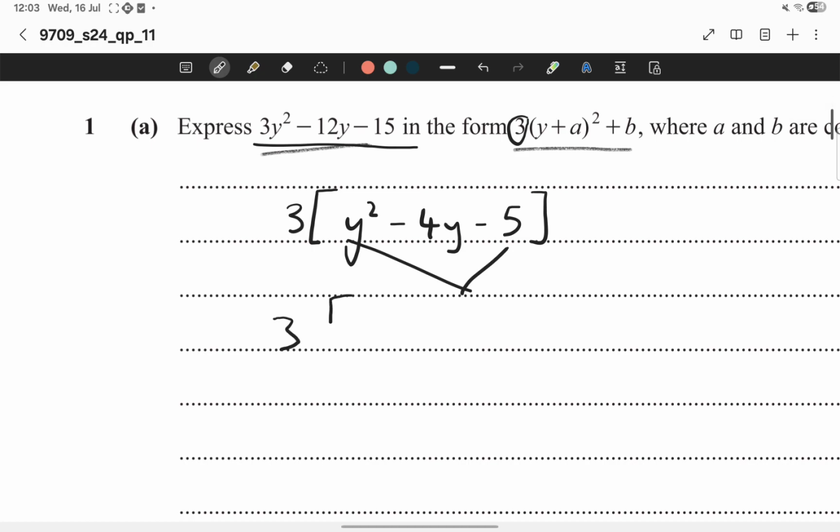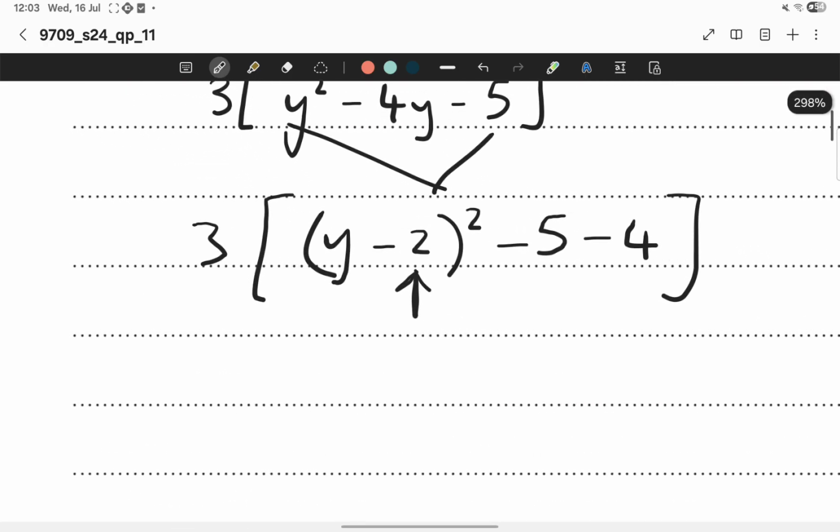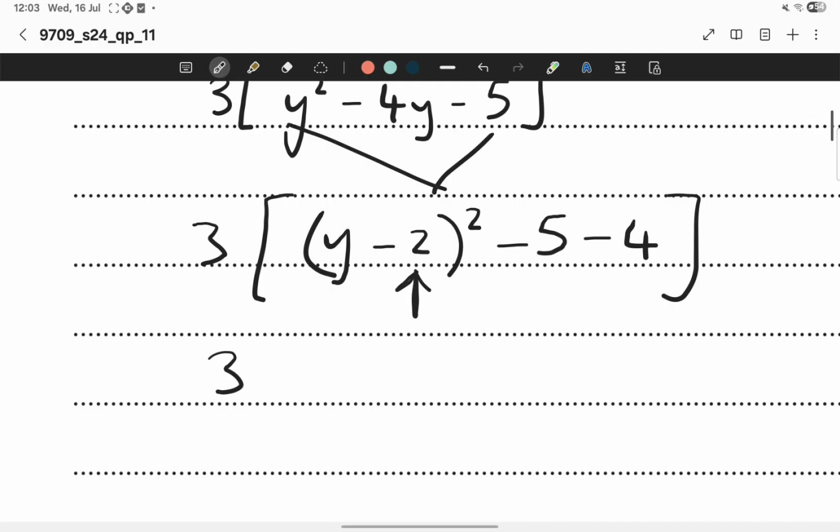So that's our 3 times y minus 2 squared minus 5 minus this 2 squared, which gives us 4 inside brackets like that. And that will be 3 times y minus 2 squared minus 9, right?